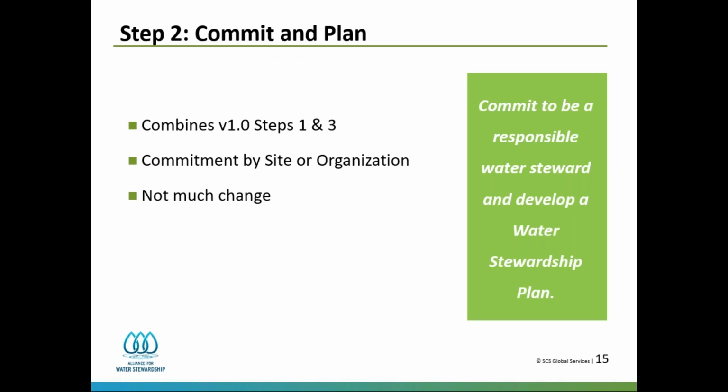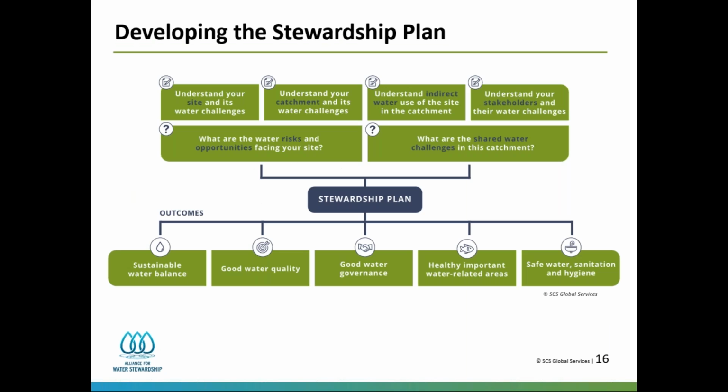Step 2 is, again, very similar to the last version. It combines step 1 and step 3 of version 1. The primary change to step 2 is the commitment is either by the site or by the organization, or potentially by both. But other than that, there's not much change to step 2.